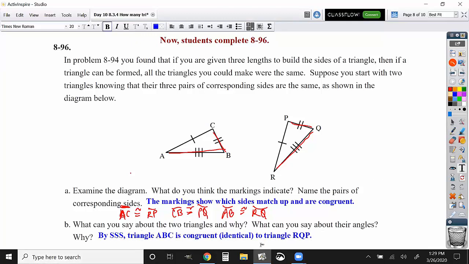So my reason for saying they're identical is that they have three sets of sides congruent.